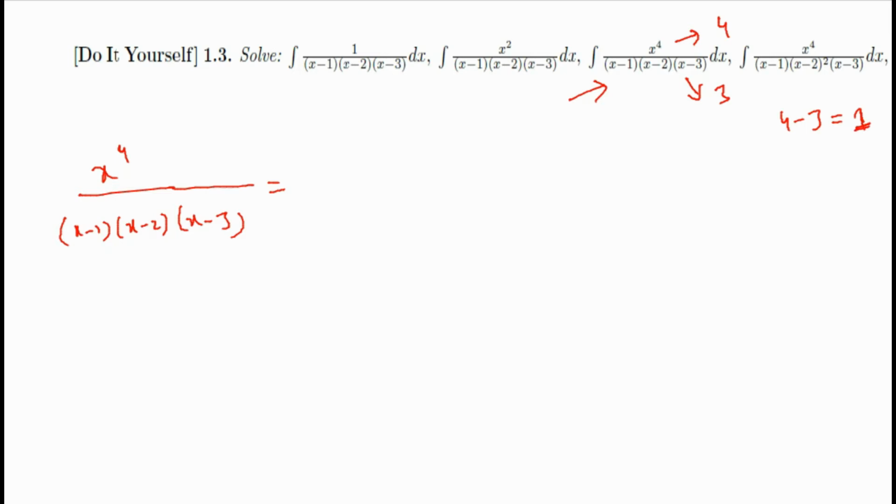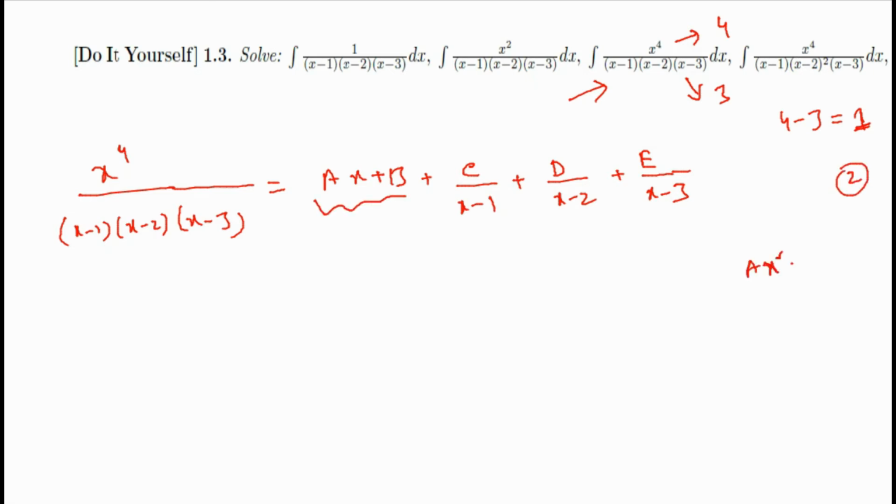So you can just write ax plus b, plus c by x minus 1, plus d by x minus 2, plus e by x minus 3. Now if this difference is say 2, then you can change this to ax square plus bx plus c and so on. For your information, I have just written this one.